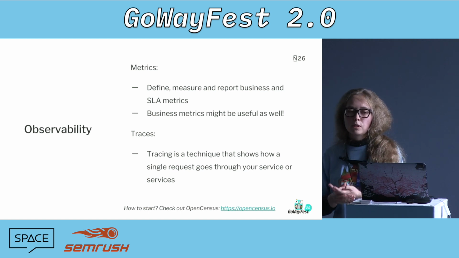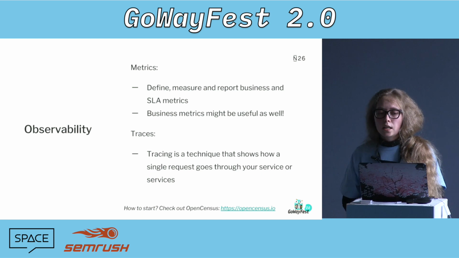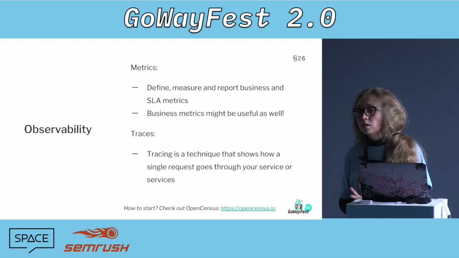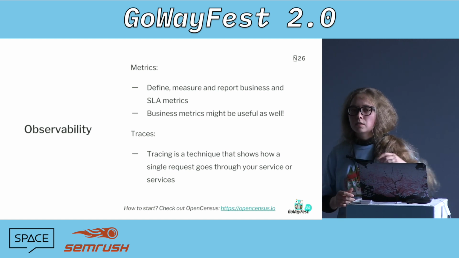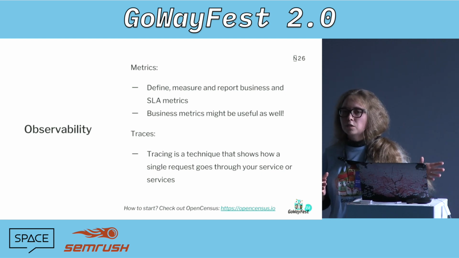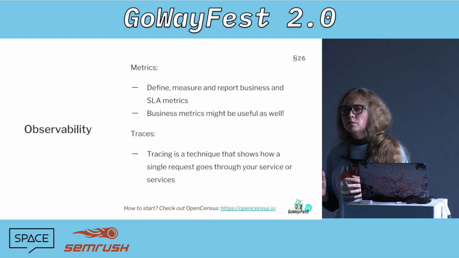Maybe you want to measure latency, for example, and maybe some request and response parameters. And you also might want to measure business metrics, like, for example, how many registrations you have at the moment, or how many sales. Because if you see that, for example, before the release, you had 100 registrations in an hour, and after the release, you have only 10, probably something is wrong with your application.